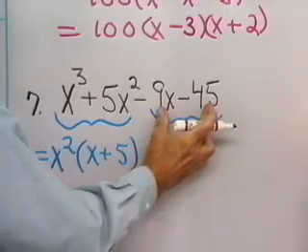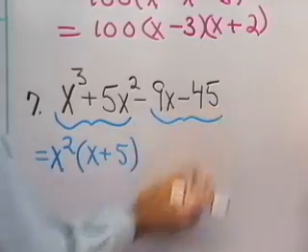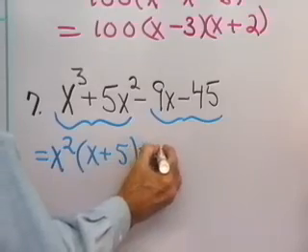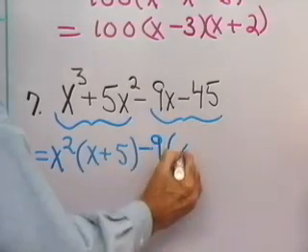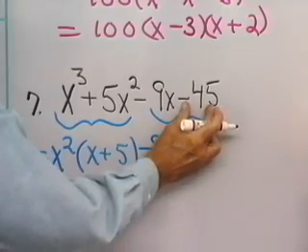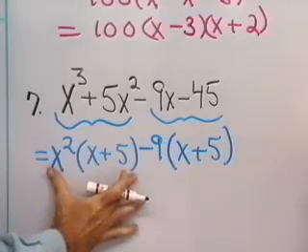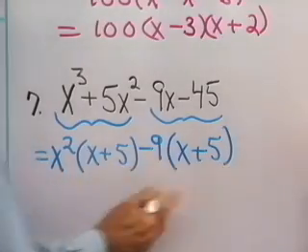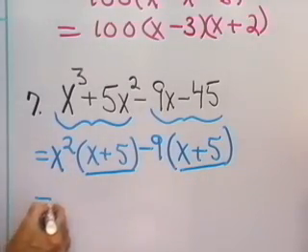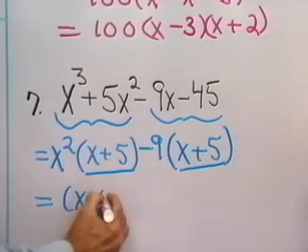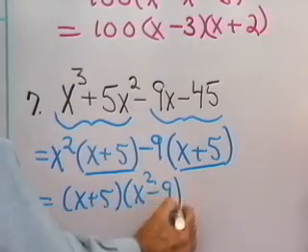If I factor out a 9, which they have in common, I'll be left with minus x minus 5. So what I'll do instead is factor out a negative 9. When I factor negative 9 from this term, what's left is x. When I factor negative 9 from this term, what's left is 5. Now I see I have two big terms, this one and this one, each of which has x plus 5 common. I'll factor it out, x plus 5. What's left is x squared minus 9.